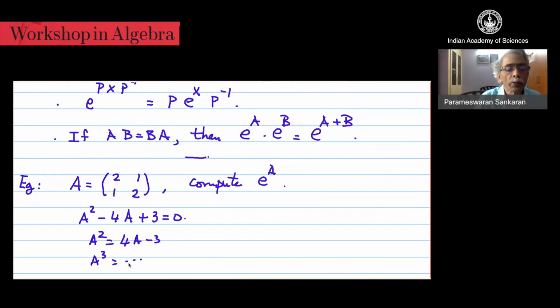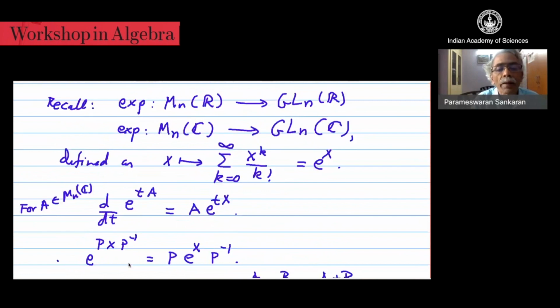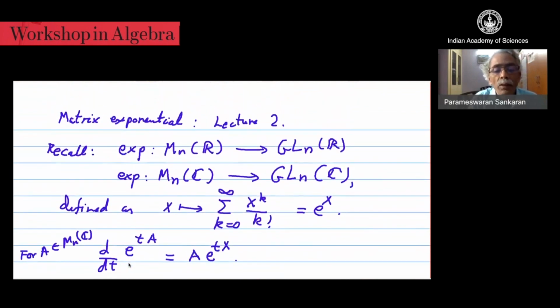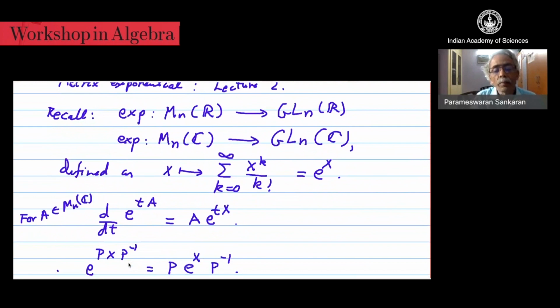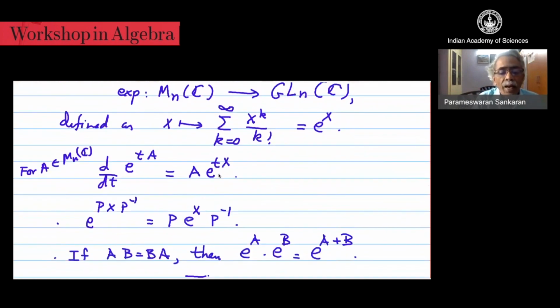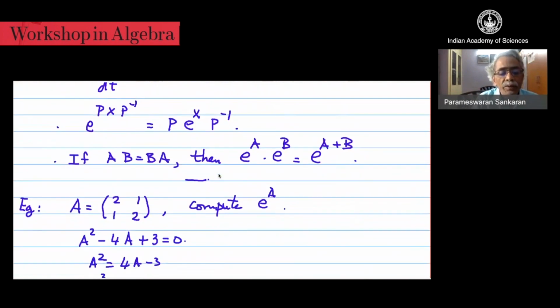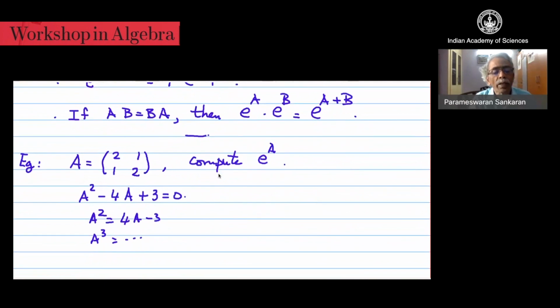You will get a linear expression ultimately, with only two terms, a constant term and a term involving A, with some coefficients. It's a non-trivial task to compute those coefficients, so it's a bit unwieldy to proceed like this.